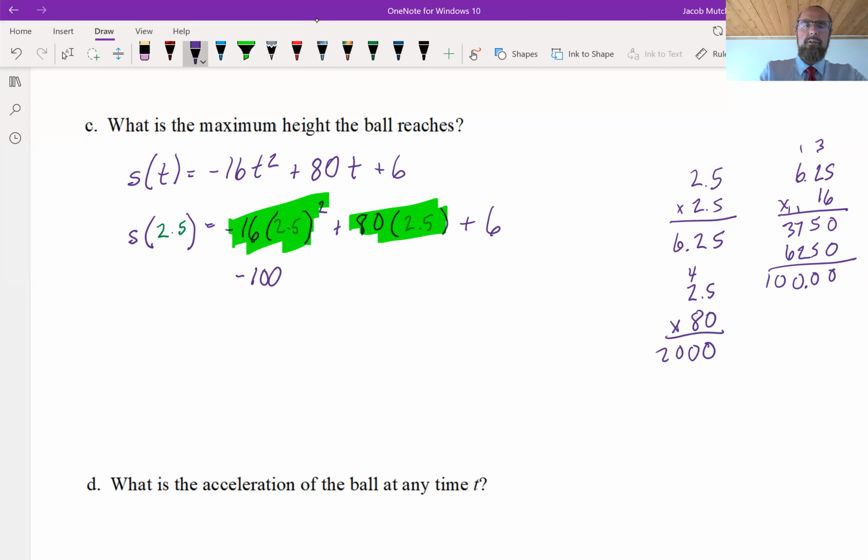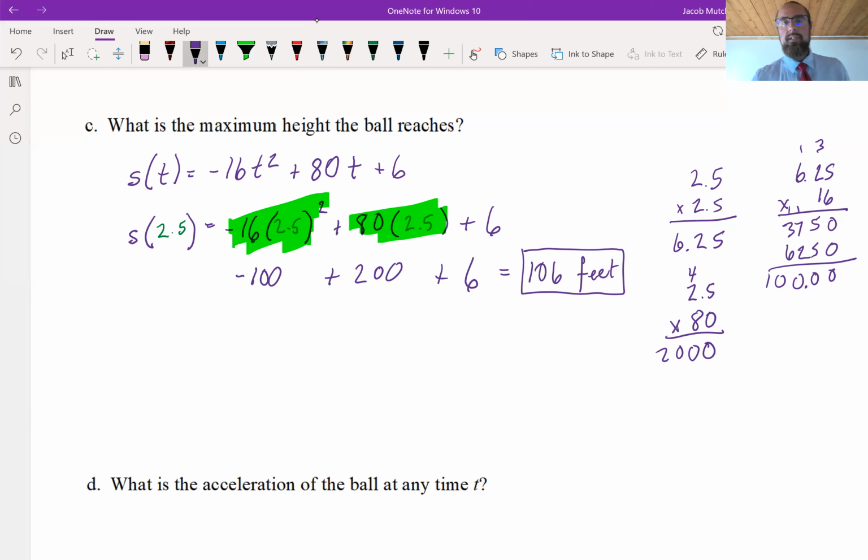So it's negative 100 plus 200 plus 6. And when we add that all up, 200 minus 100 is 100. 100 plus 6 is 106 feet. So that's the height of the ball. So it's gone quite a distance, 106 feet into the air, and in a matter of 2.5 seconds.